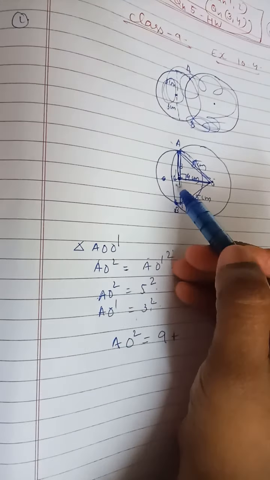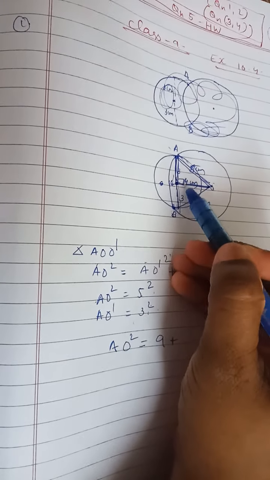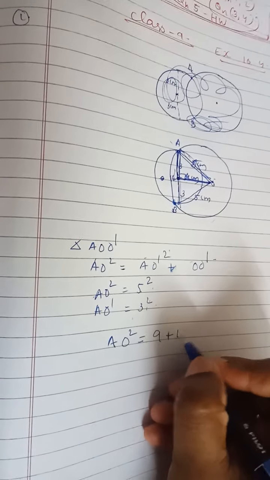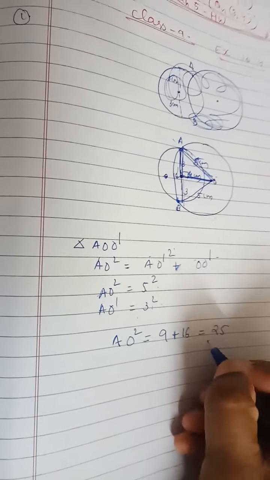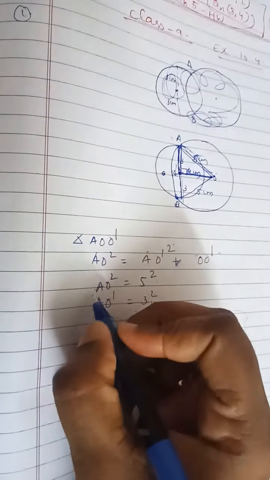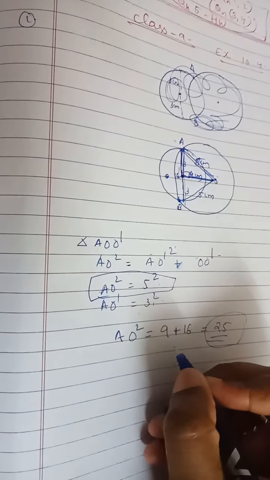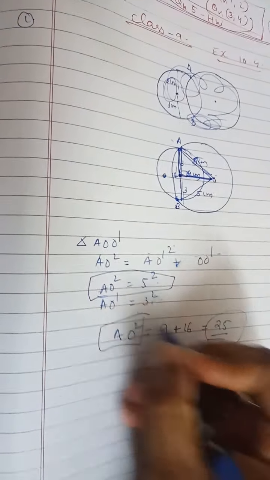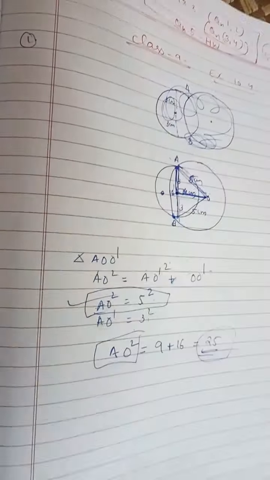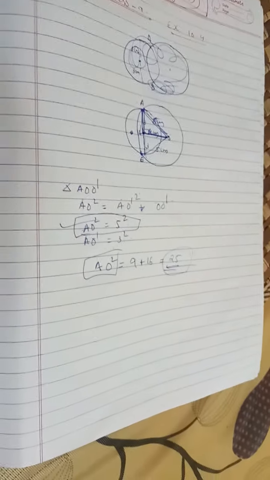OO dash is this one, equal to 4, correct? So 4 square is equal to 16. We will get 25. What is 25? Which is equal to 5 square. We got it. AO square is equal to 5 square, which is 25. So both are the same. So we can say that the Pythagoras theorem is satisfied here, correct?